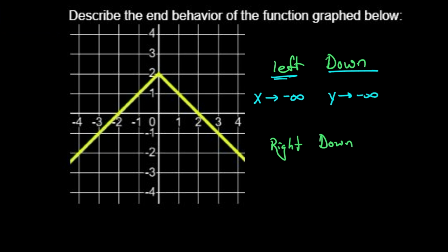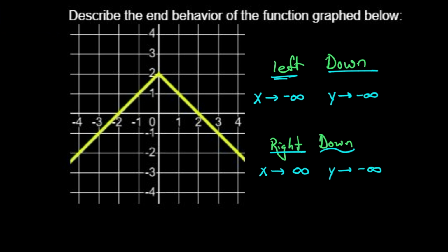Negative y values are down, so negative infinity. And then I'm going to do the same thing for the right end behavior. Right is an x descriptor. What type of x values are on the right? Well, positive x values are on the right, so x approaches positive infinity. And down, well, down is a y descriptor. Y approaches negative infinity because negative y values are down.